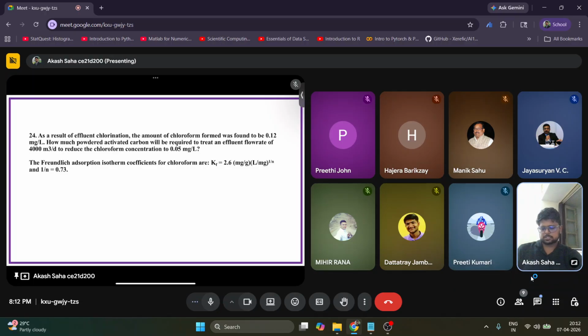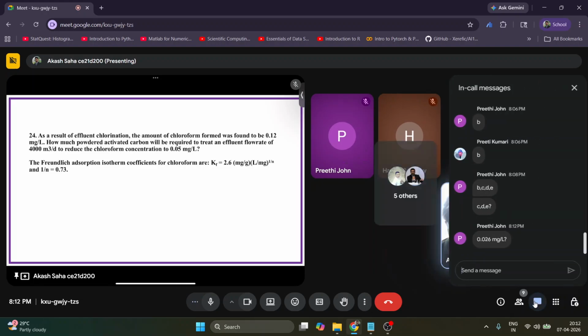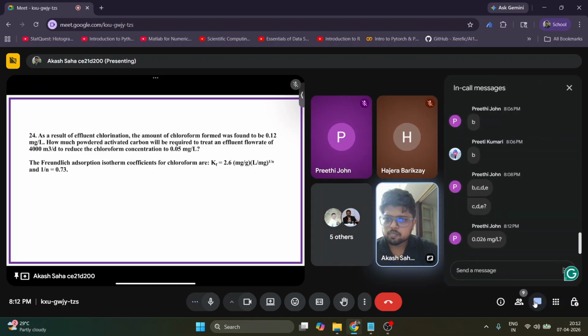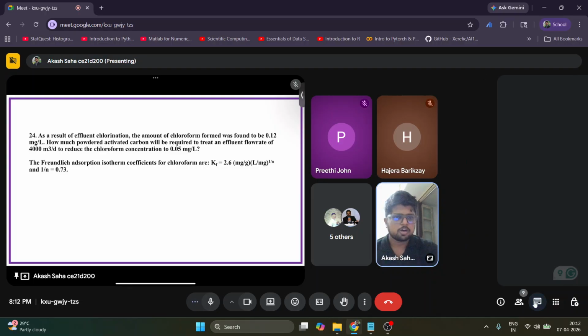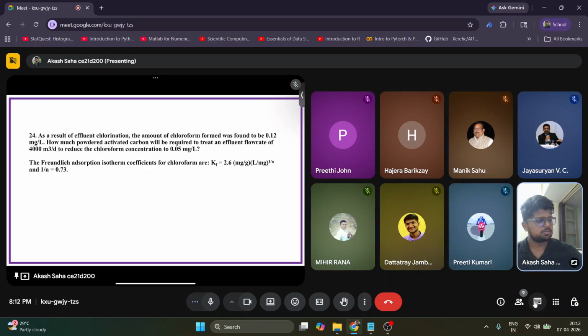So actually 0.026. So have you also incorporated the flow rate? Because there is a 4,000 meter cube per day of flow rate also there. Not 107. Okay, we'll see how to solve this.